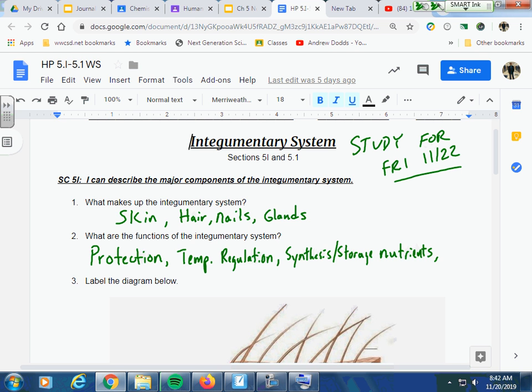Very good. Thank you. That helps me with the other S, which is sensitivity or sensory. I think I put sensory reception. And then the last one, everybody, E, excretion and secretion.